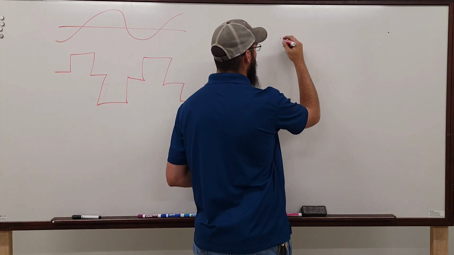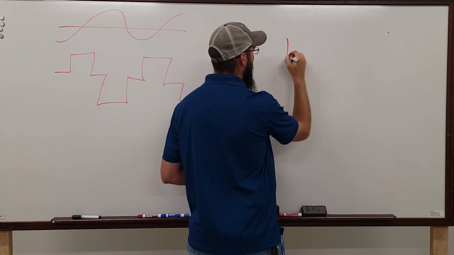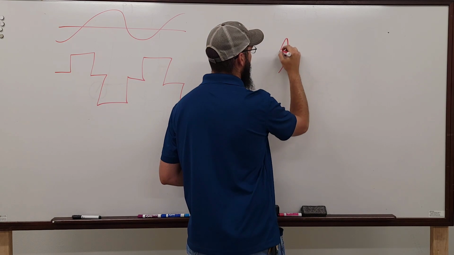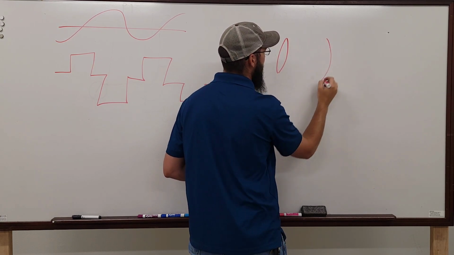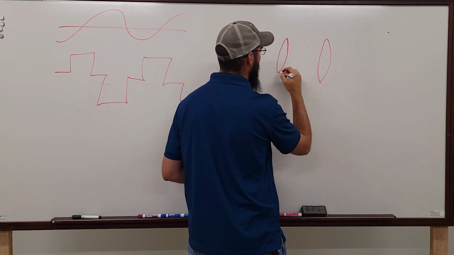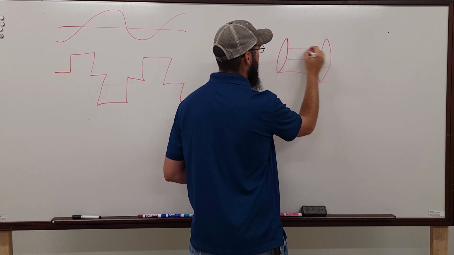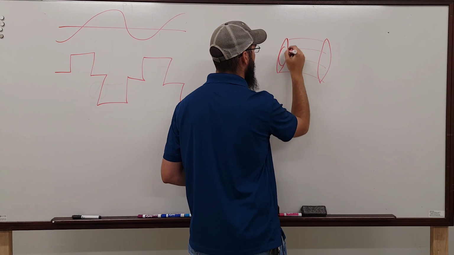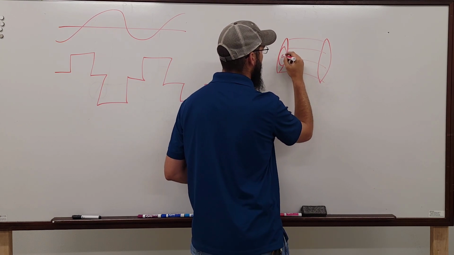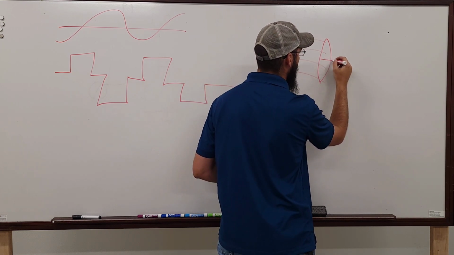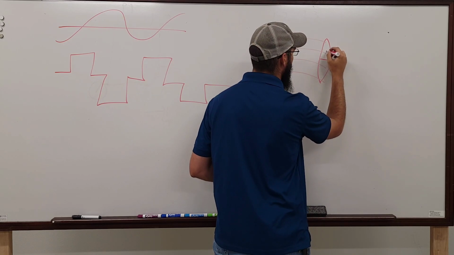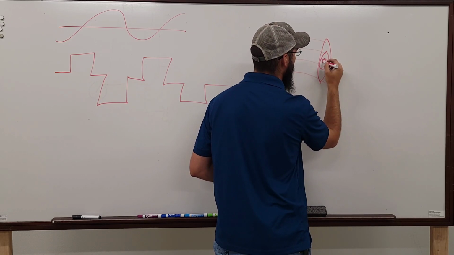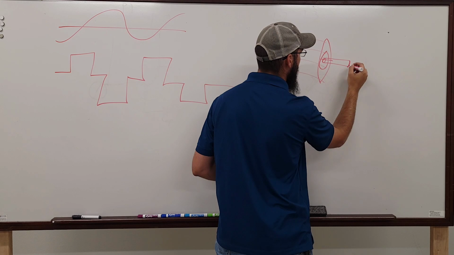So in the process of the stator, right? We have the stator here. Inside of there is your rotor. Going through the stator, coming out, and you've got your shaft.